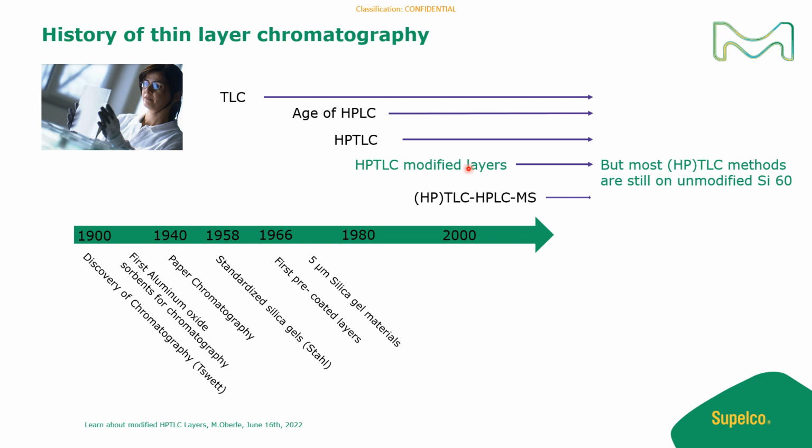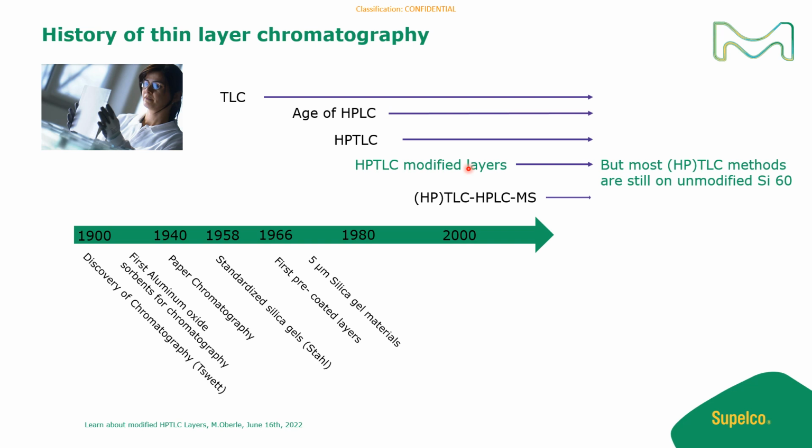So in the 1980s, HPLC modified layers were developed. First the reversed phase, then the amino, followed by the cyano and diol phase at the end of the 1980s. Some years ago, the development of hyphenation aspects came up and the linking from HPLC to other analytical methods increased.